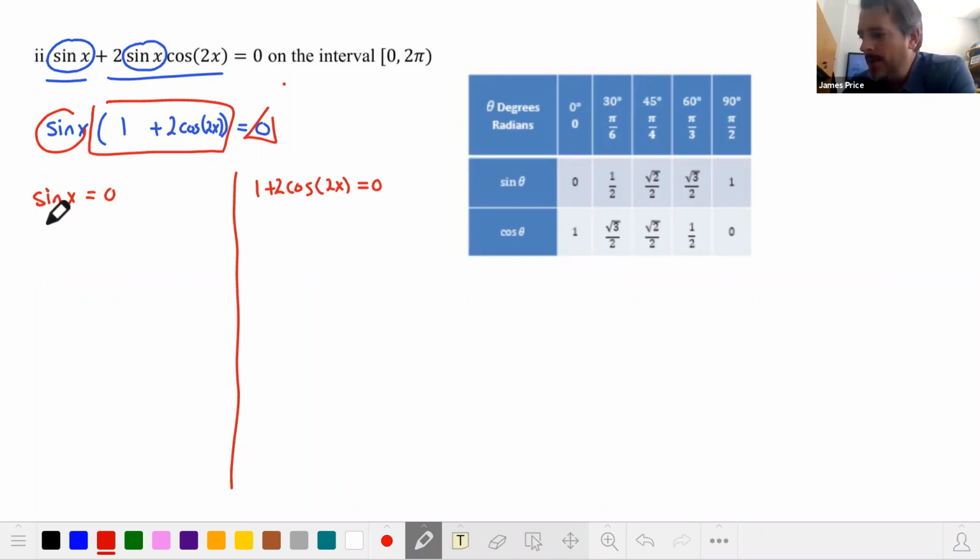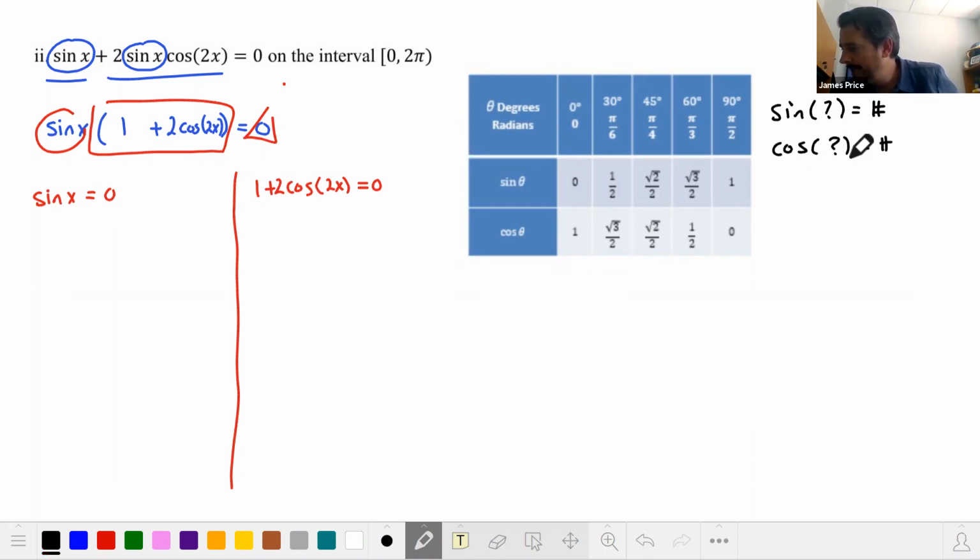And now remember, this one's really good to go. We're really trying to get the sine of something equal to a number, or the cosine of something equal to a number, or finally, the tan of something equal to a number. If we can do that, we can usually use our reference table to solve these types of equations, along with the diagram we need to make.